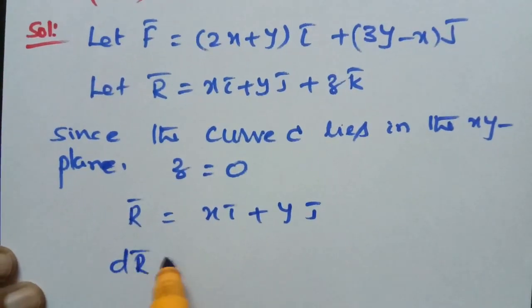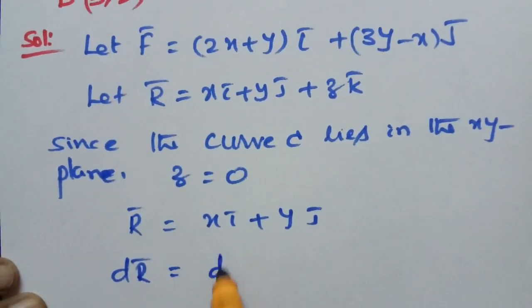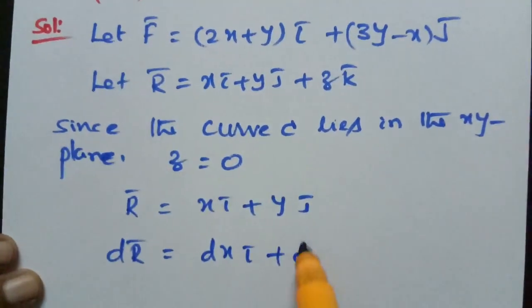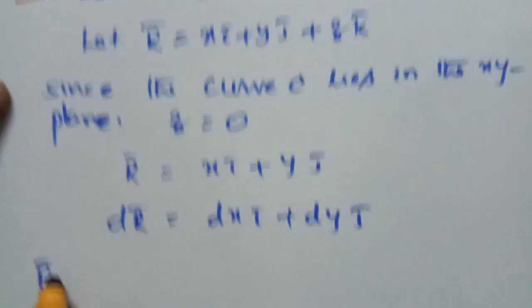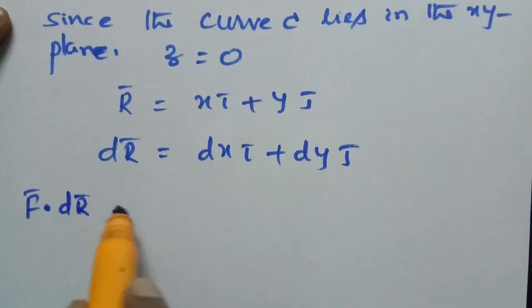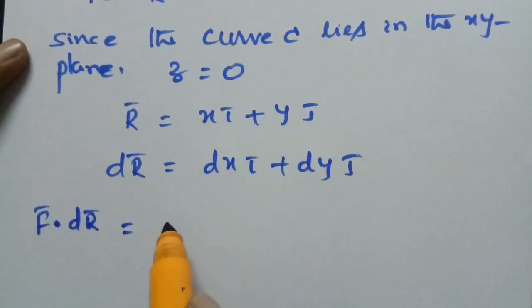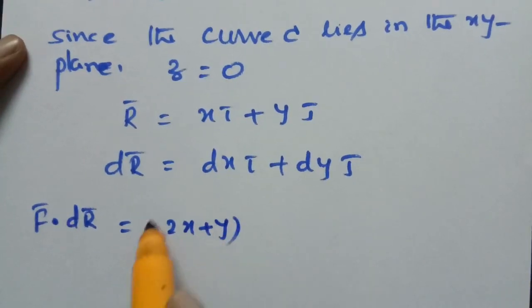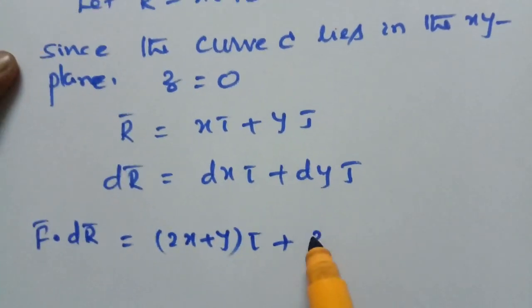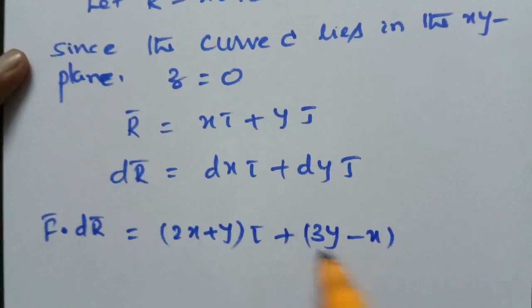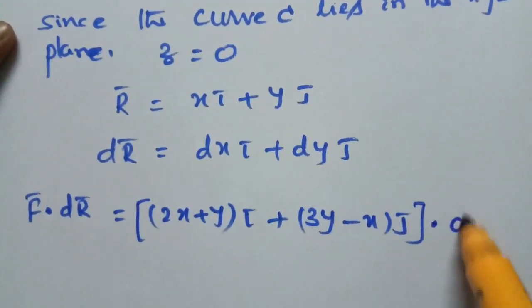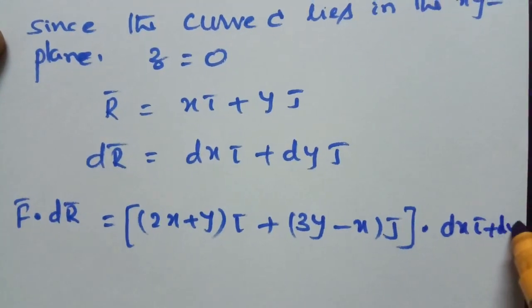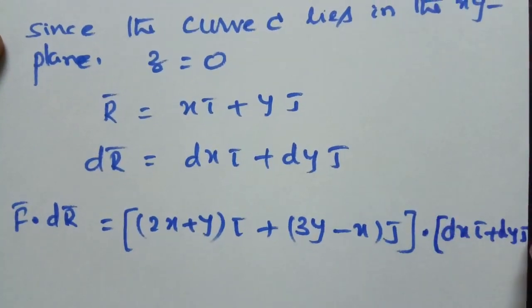Therefore, differentiating on both sides, we get dr bar equals dx i bar plus dy j bar. Therefore, f bar dot dr bar is equal to 2x plus y i bar plus 3y minus x j bar dot dx i bar plus dy j bar.